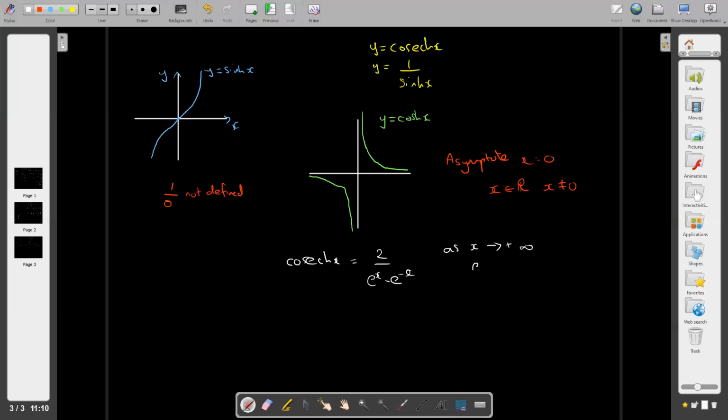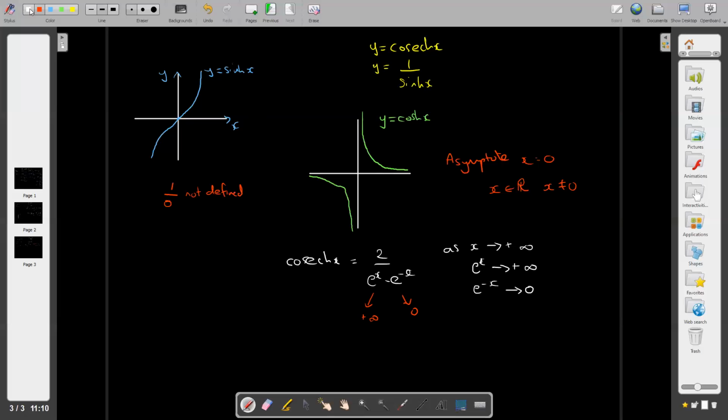So we know that e to the x will get arbitrarily larger, it will get massive. e to the minus x, well, that will tend to 0. Okay, so what's going to happen? As we go to the right, this term here will go to 0. This term here will go to positive infinity. And so the whole thing will collapse down to 0.